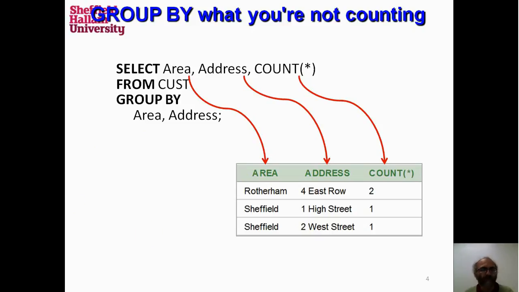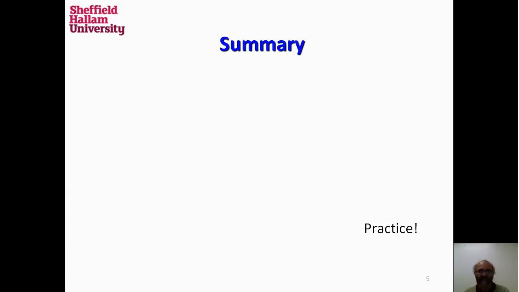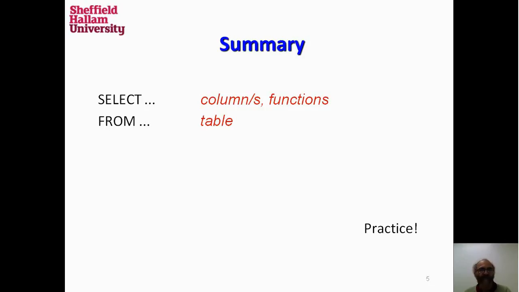Okay, so overall now, we have the select statement, and we select our columns from a given table. That's the smallest statement you can use. But also in option, you could use where, giving some criteria.